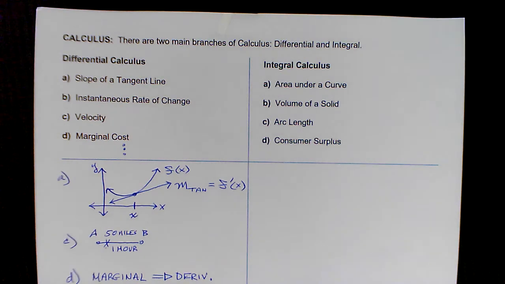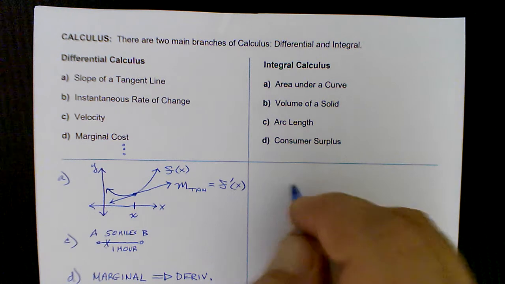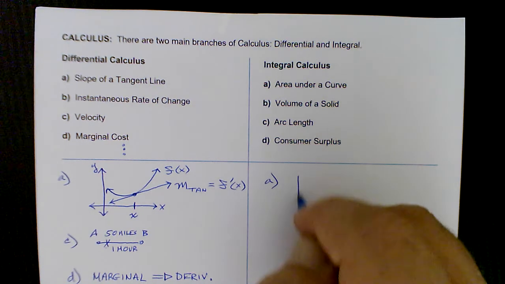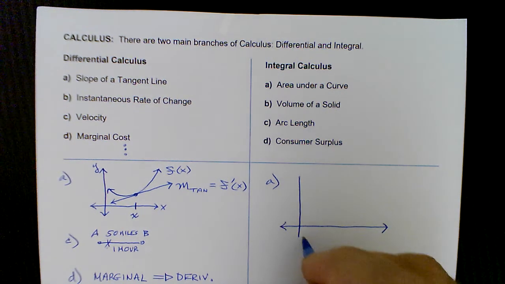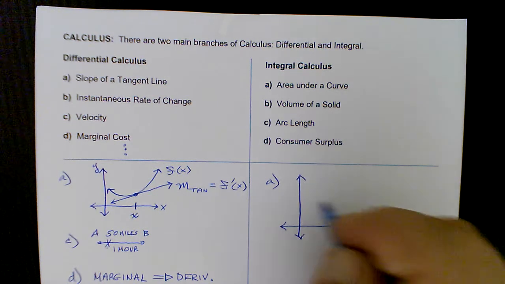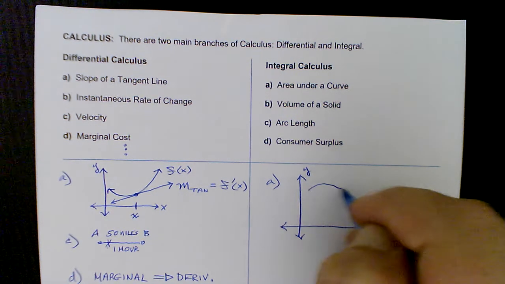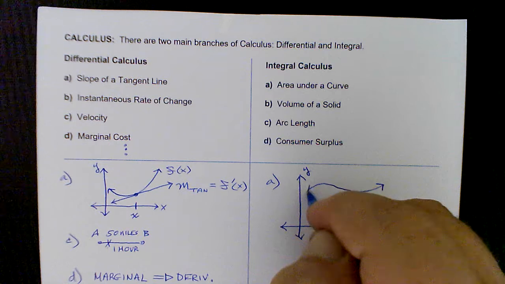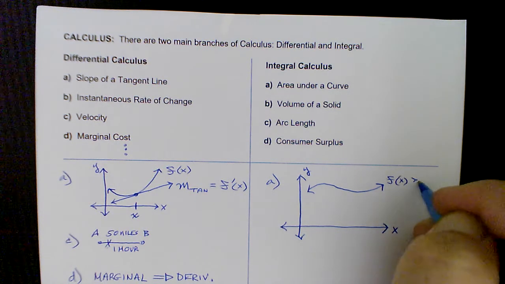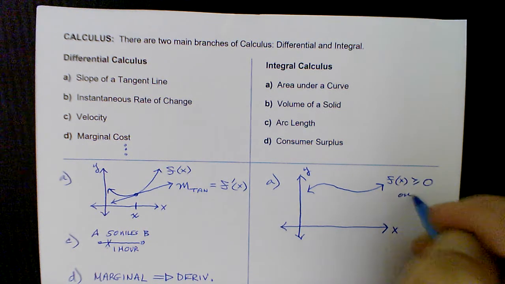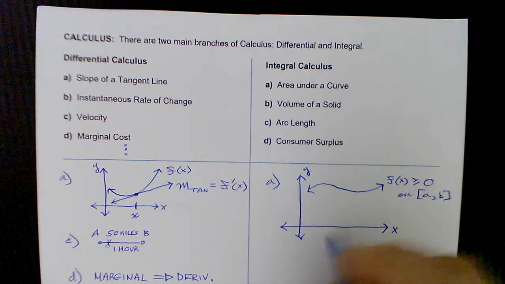Now, with regards to integral calculus, first thing we should think of is area under a curve. So the idea there, as you should recall, is if you have a function that, let's say, is non-negative, so let me say f of x is greater than or equal to 0 on a closed interval from a to b.